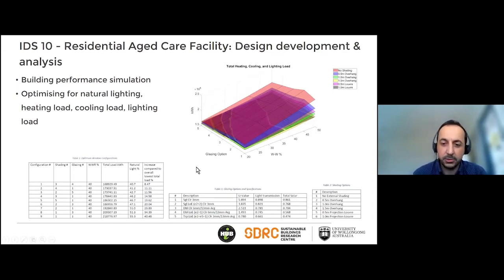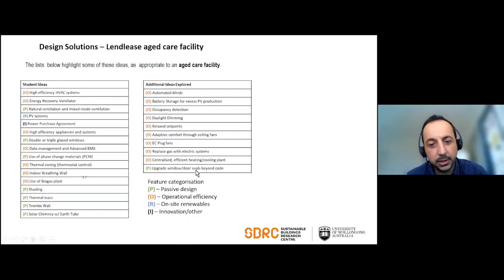So this wouldn't have happened without an integrated design process. In the end, the consultants put everything again together. They also came up with some additional ideas that we are going to be feeding into the carbon catalog that University of Melbourne is preparing.